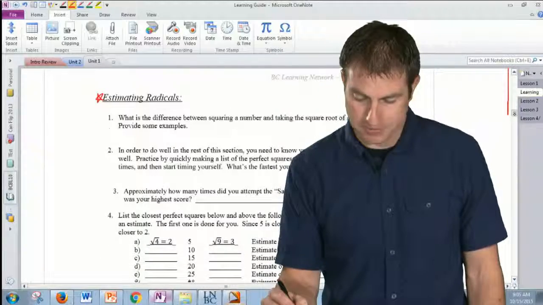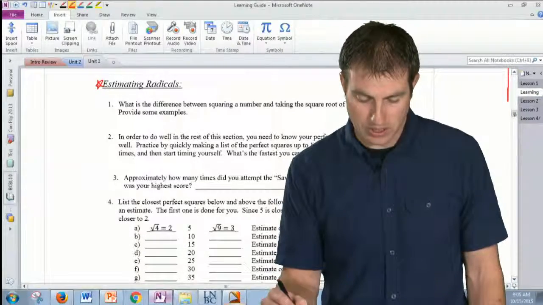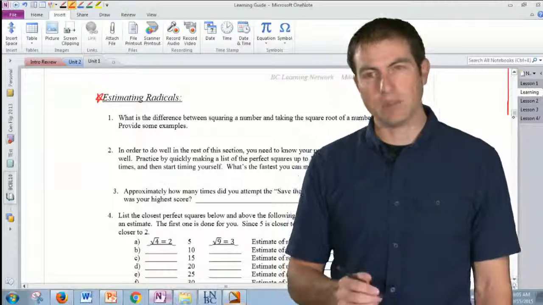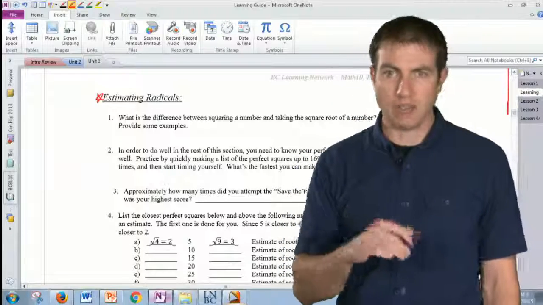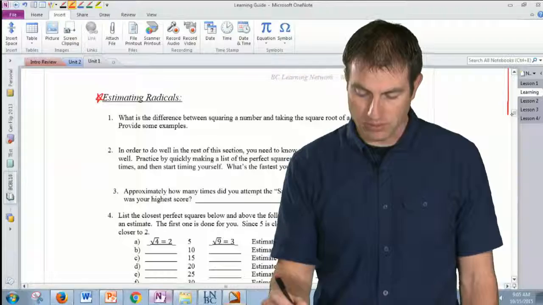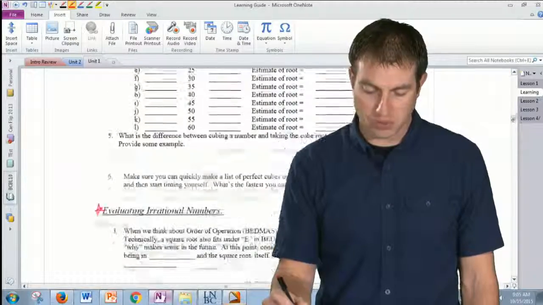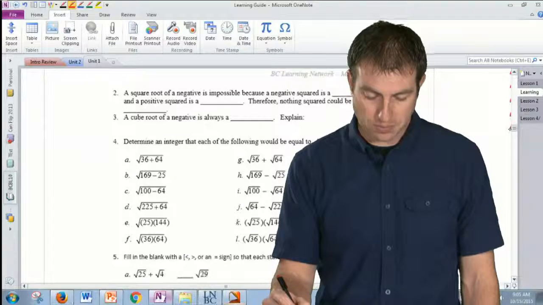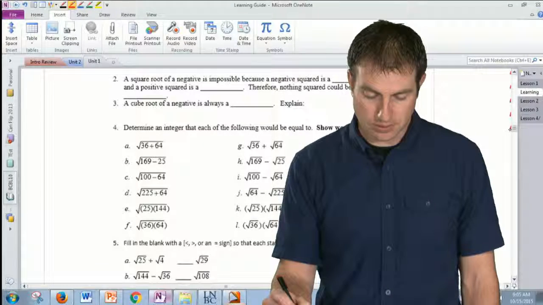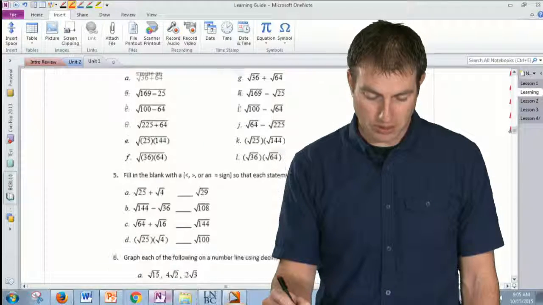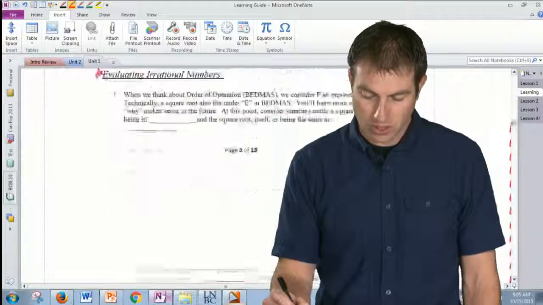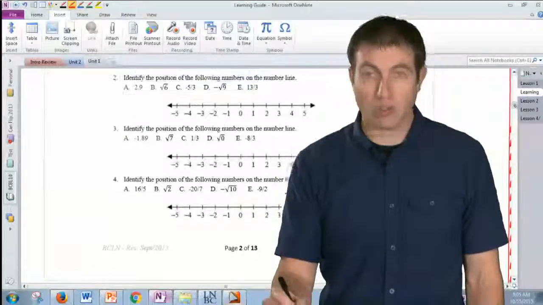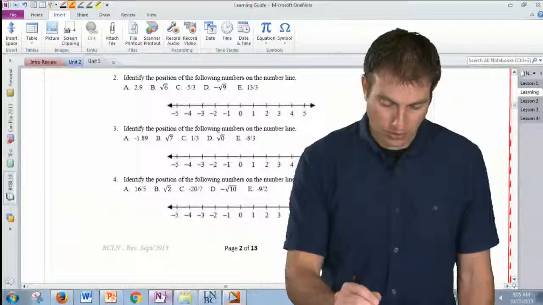Evaluating radicals, stuff that we did yesterday. This is estimating either side of the radical and then figuring out which perfect squares it's between, and then evaluating and then doing some basic calculation stuff. So that's where we've got to thus far.